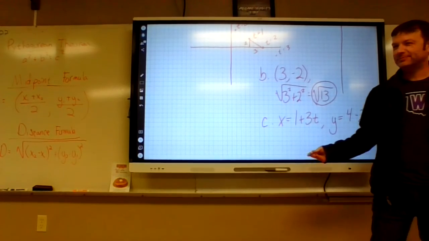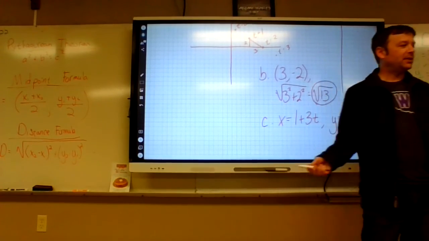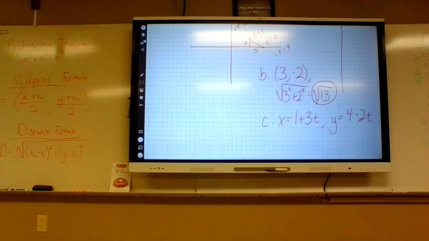Wait, how did you get that? It's like number 1. Remember how we were doing it from the original equation? The x is 2 plus 3t, and y is 4 minus 2t. Okay, got it. It's a repeat of the first page.